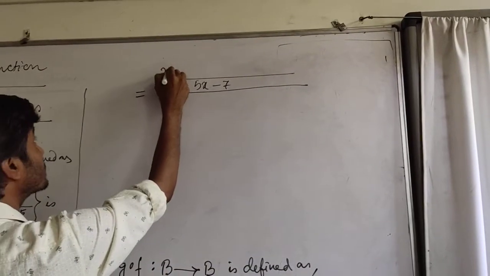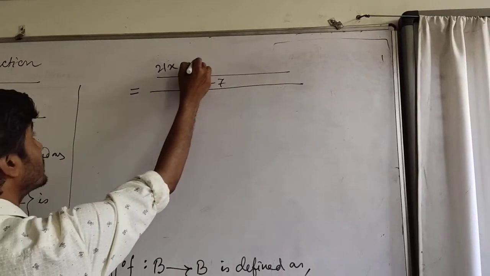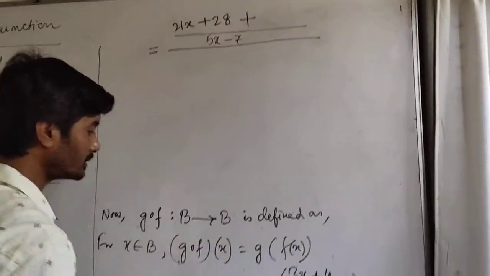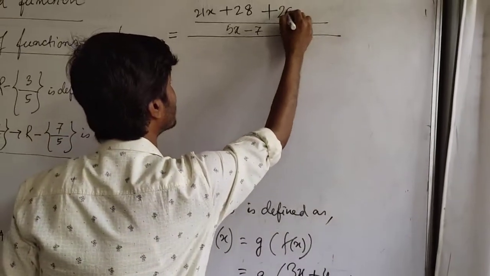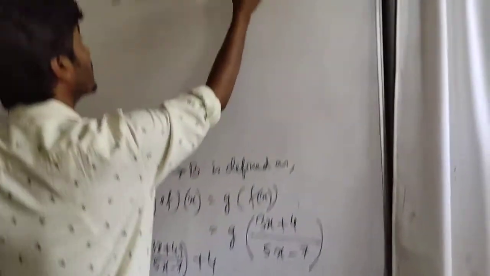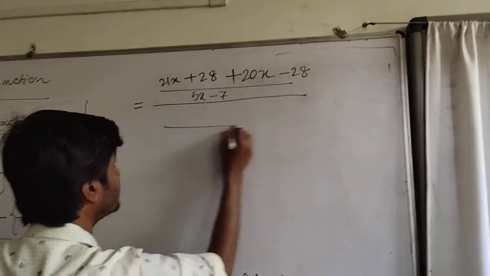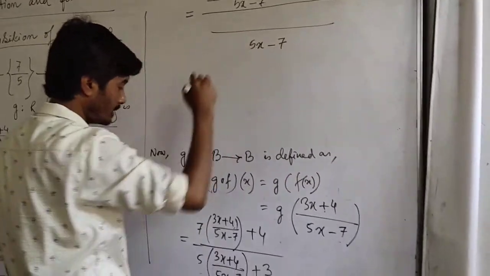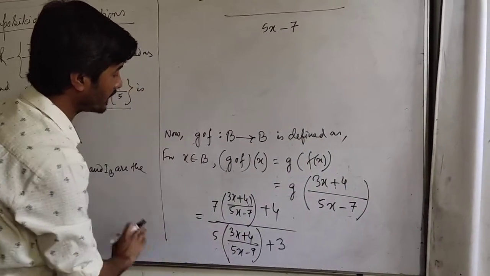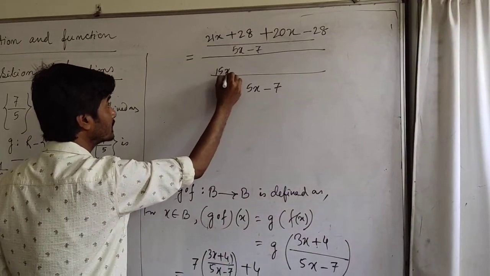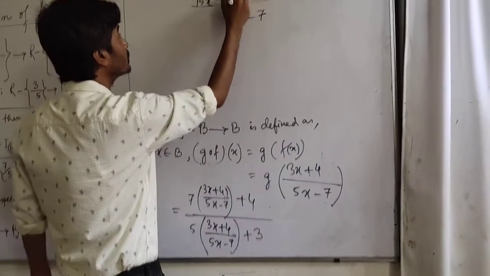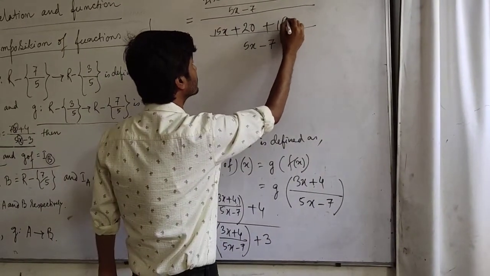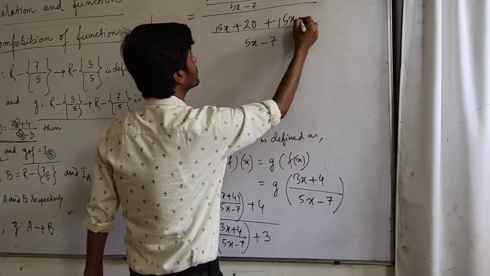Here it becomes 21x plus 28, minus, not minus, it should be plus, 4 into 5 that is again 20x minus 28, divided by, in the denominator the LCM will be 5x minus 7, and if I multiply 3x plus 4 by 5 the value becomes 15x plus 5 into 4, 20, plus 3 into 5, 15x minus 21.